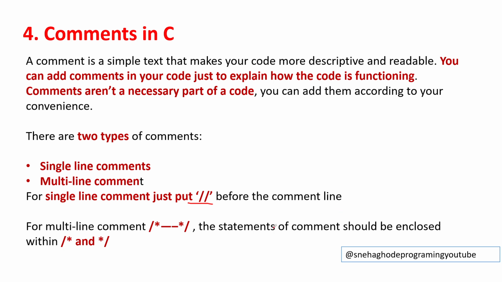And for the multi-line comment, first a slash and then a star, then here you will have the particular statements or the code part, and at the end we have to write a star and slash. So that much text is going to be commented out. For example, this is a part of our program.